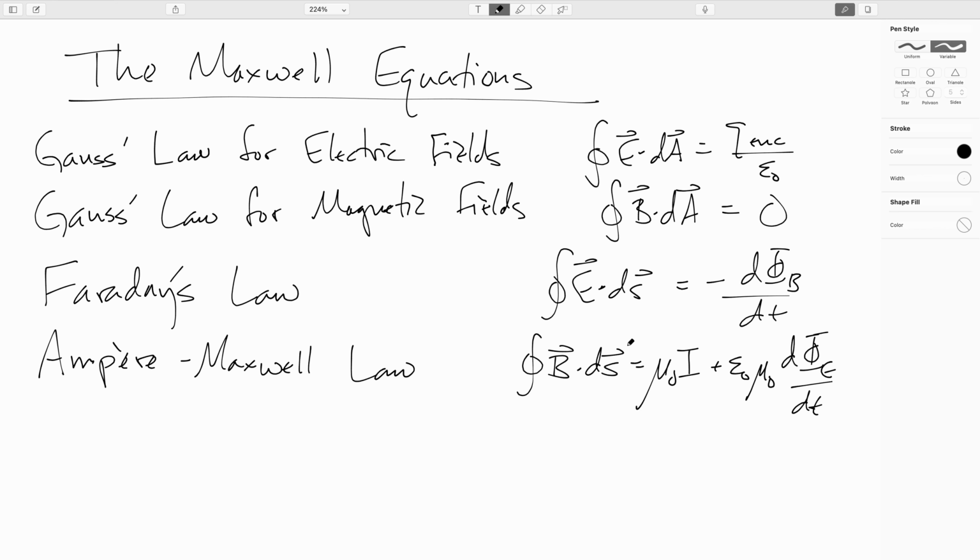So that means I get a time-varying magnetic field, which creates a time-varying electric field, which creates a time-varying magnetic field, and so forth and so on. And these fields will be at right angles to each other.